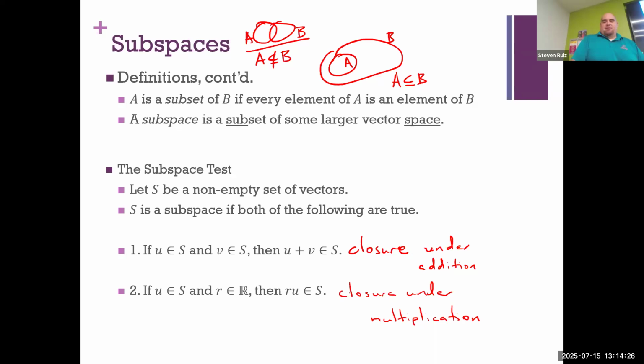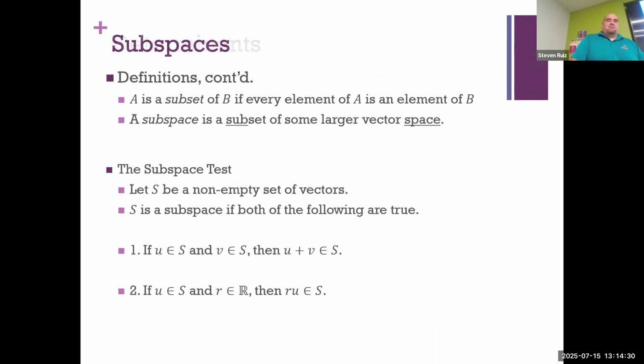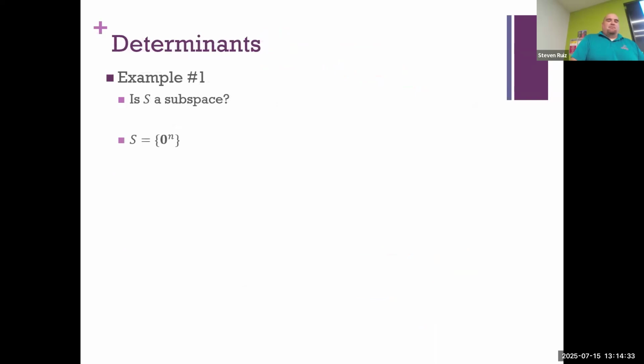All right. Let's look at some things and let's talk about it through subspaces. So this thing S right here only has one vector in it, the 0 vector. Is that a subspace? So let's think about what the two conditions are. So what's condition one?